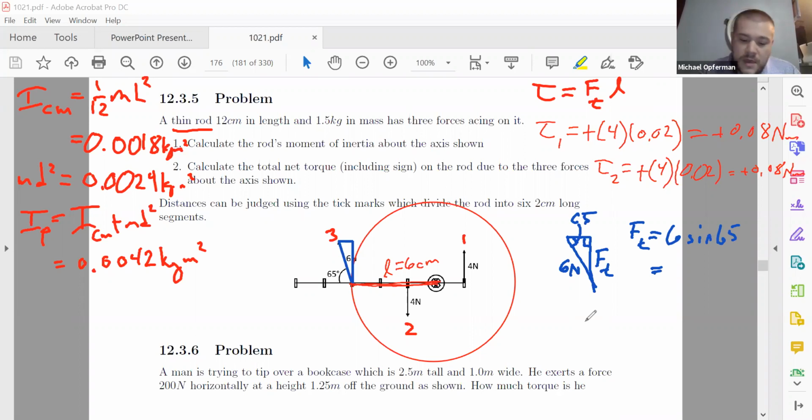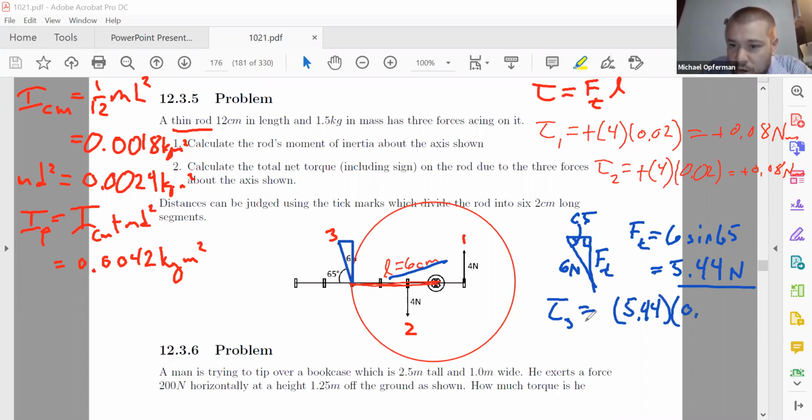So that's going to be sine 65 times 6, and that gives me 5.44 newtons. By the way, instead of sine 65, you could do cosine of 25. That would also be fine if you drew the triangle a little bit differently. So I've got a value here. L is 6 centimeters. Ft is 5.44. So that makes torque 3 equal to 5.44 times 0.06.